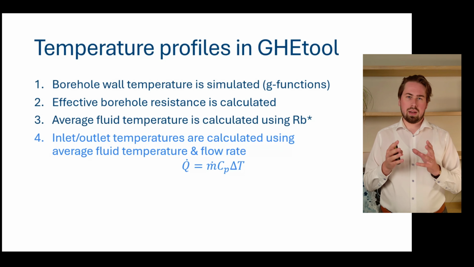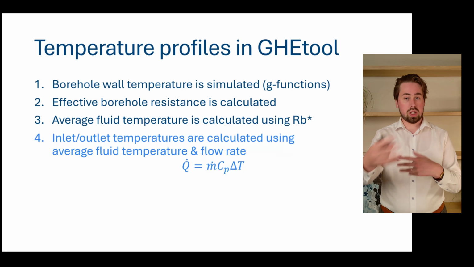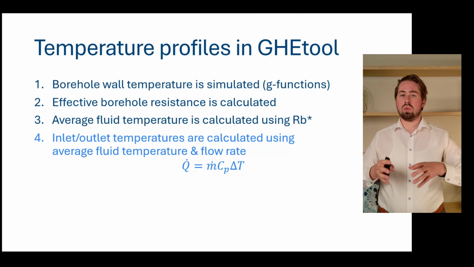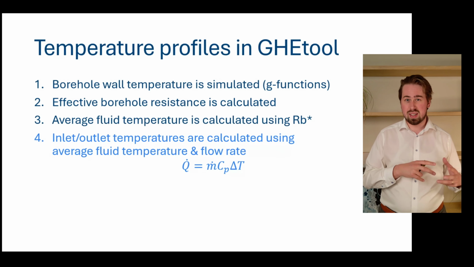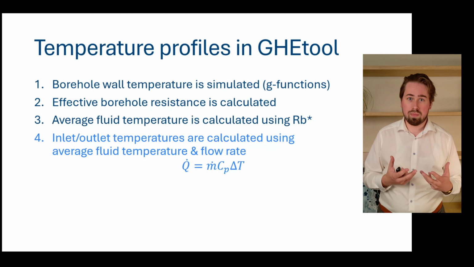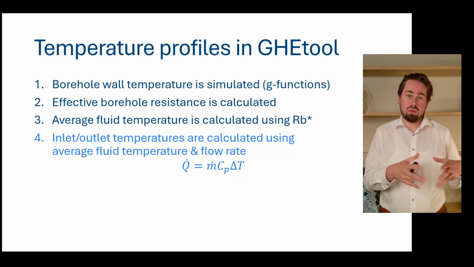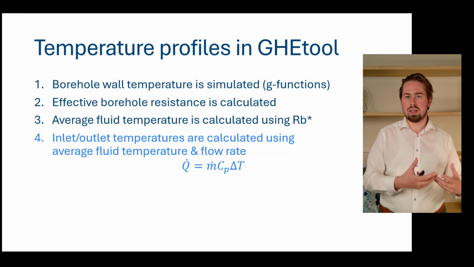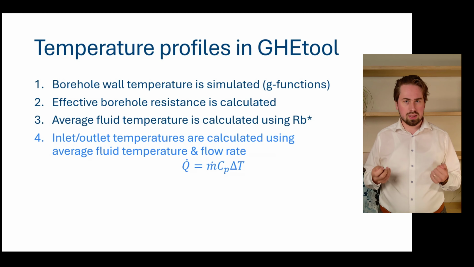But basically we have this formula here that expresses that the power exchanged is equal to the mass flow rate through a system multiplied by the specific heat capacity, which we know. It's a given at every temperature, and since you know the fluid you're working with, you also know the specific heat capacity, and this multiplied by the temperature difference between the inlet and the outlet.